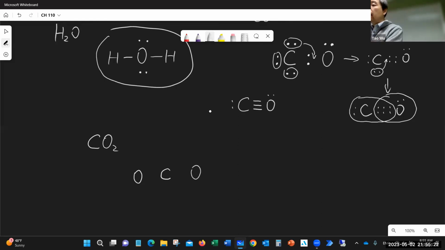And then how many valence electrons do we have for carbon dioxide? Carbon has 4, and oxygen has 6 valence electrons, times 2. So totally we have 4 plus 12, so 16 valence electrons for carbon dioxide.